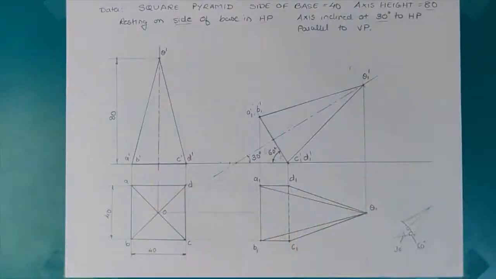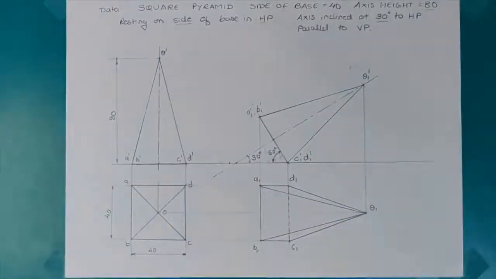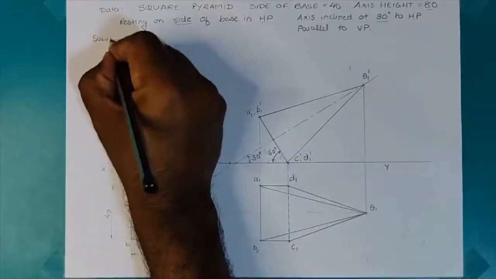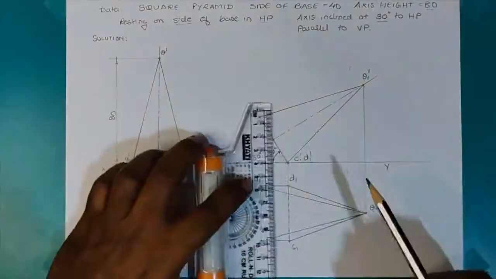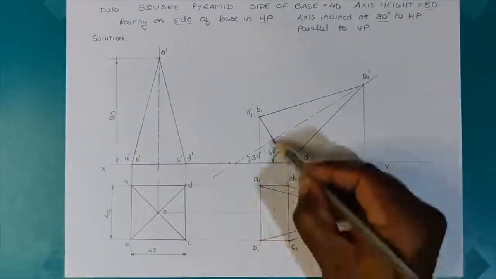So this completes the projection of the pyramid. So I should name XY, and this is the required solution. I may project the axis also, which is lying at the central face of the base. So I'll project it and I'll mark it.